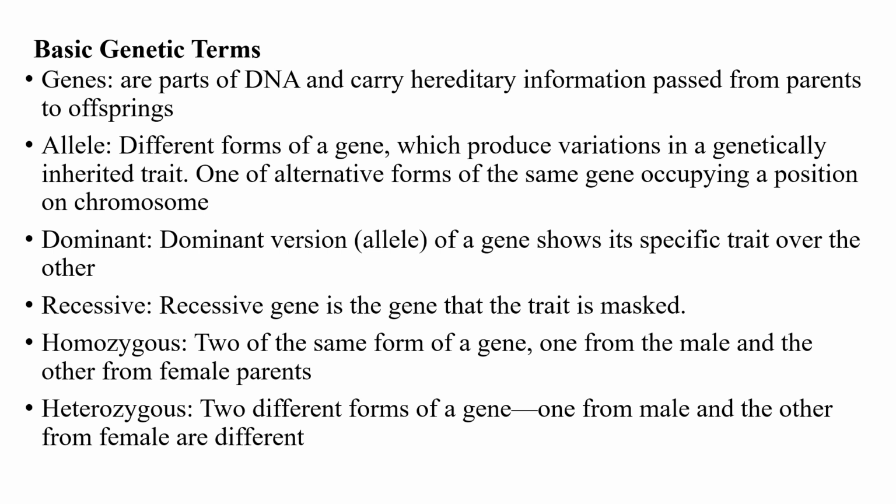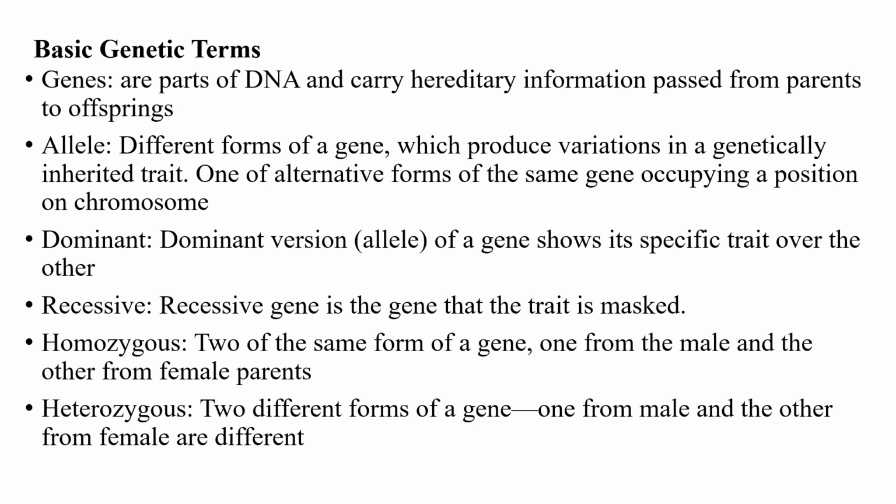So if it is B for black, and black is dominant, we represent it with capital B, and the other color that black is dominant over, maybe light complexion, will be small letter b.